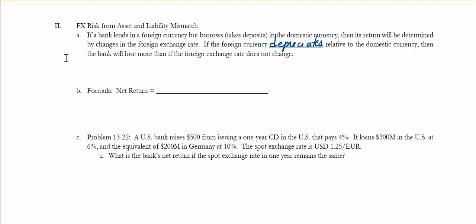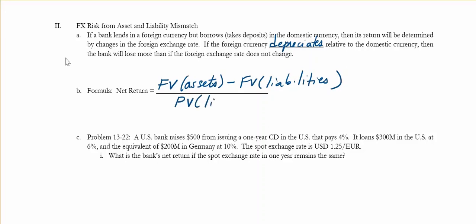Now, one number that is asked in a lot of the problems is what's called net return. Let me just define that for you right now. We're going to define the net return as the future value in the home currency of the assets minus the future value of the liabilities, divided by the present value of the liabilities.